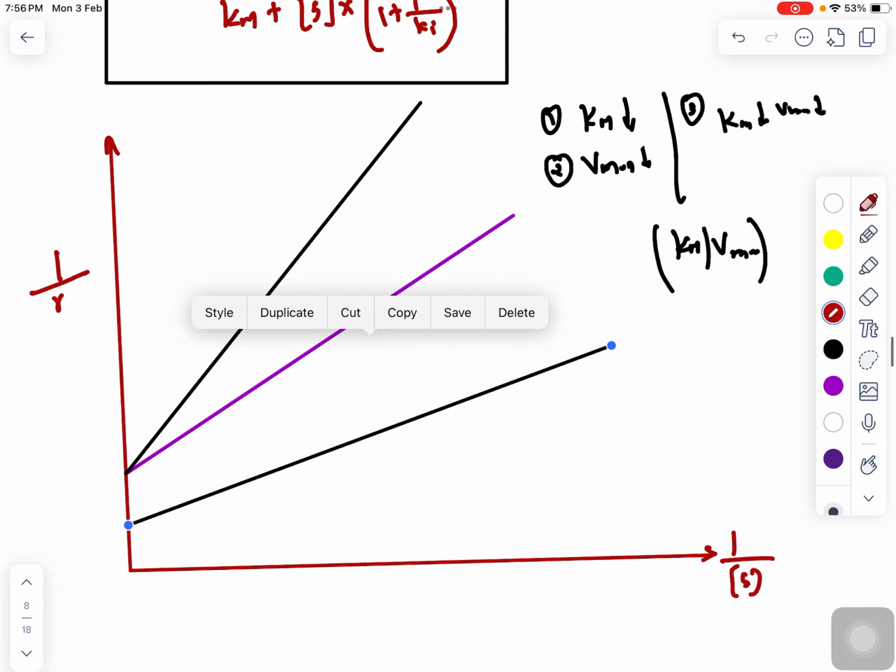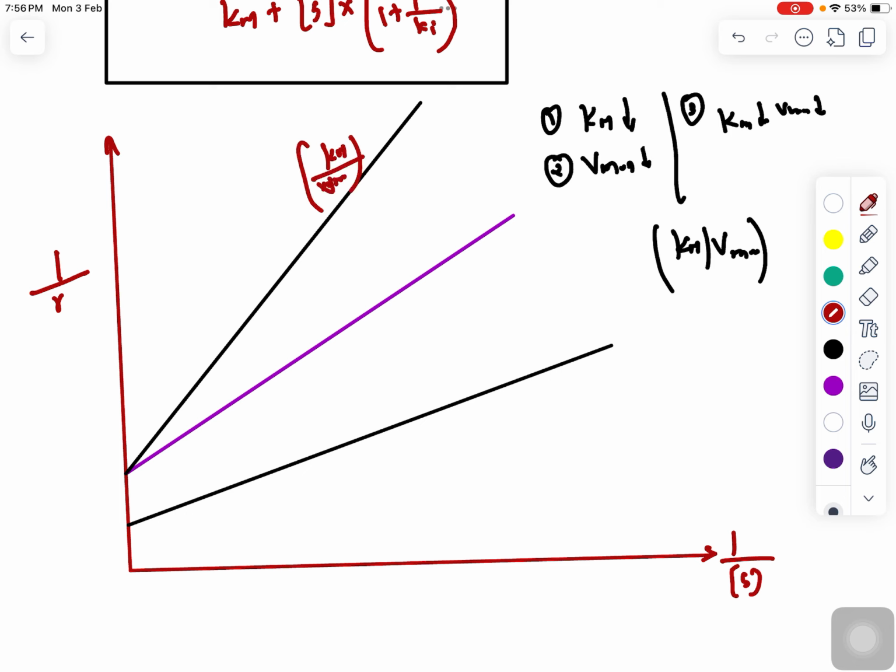So here you can see that slope is Km divided by Vmax, and here the slope is more, here the slope is less. Is that clear? So the first graph is for competitive inhibition. If Vmax will decrease, slope will increase. So sorry, this is for non-competitive inhibition.